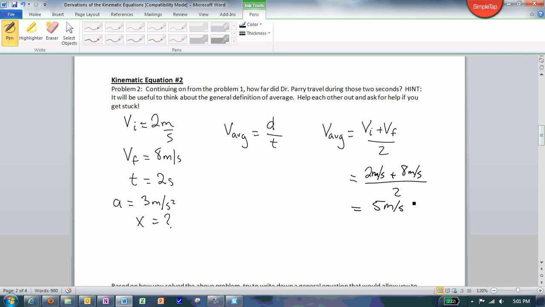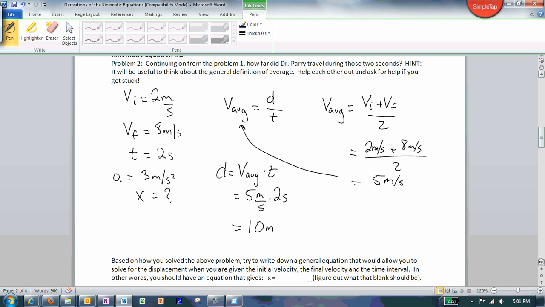So if we did this for 2 seconds, we should find that our displacement is just 5 meters per second times 2 seconds, or 10 meters. We see that from this equation. If we plug this then into this equation, we get that d is the average velocity times the time, or 5 meters per second times 2 seconds, 10 meters, right?